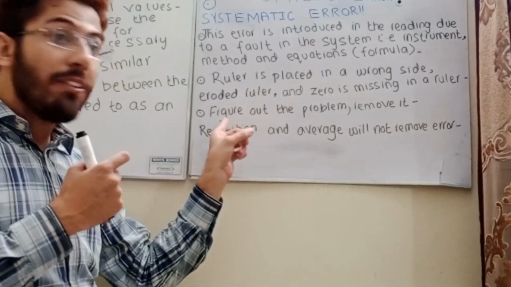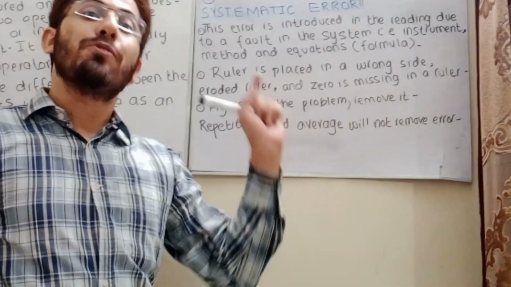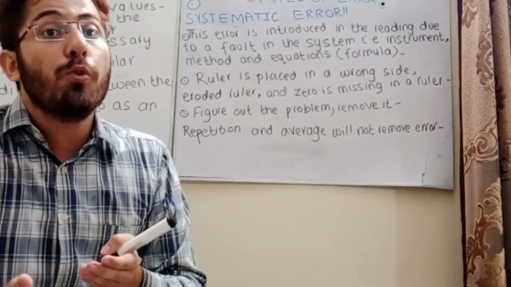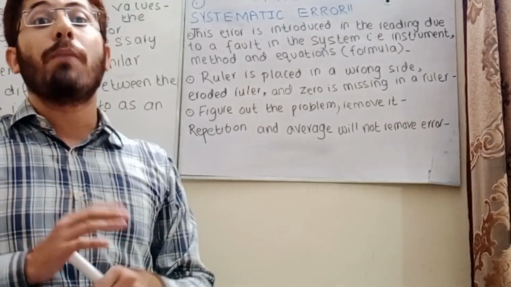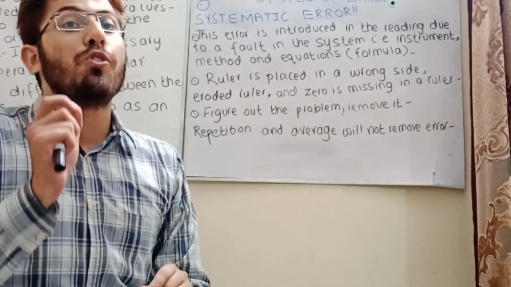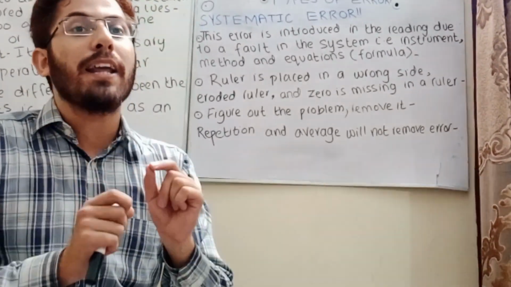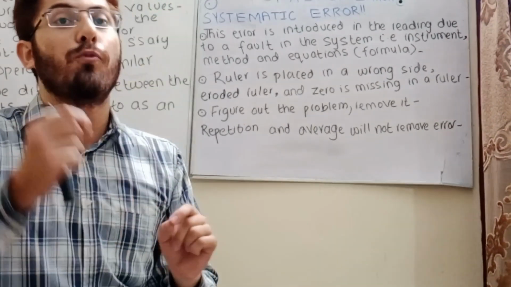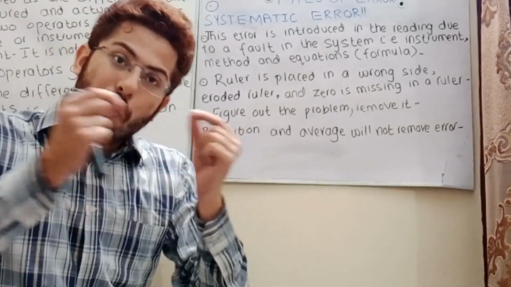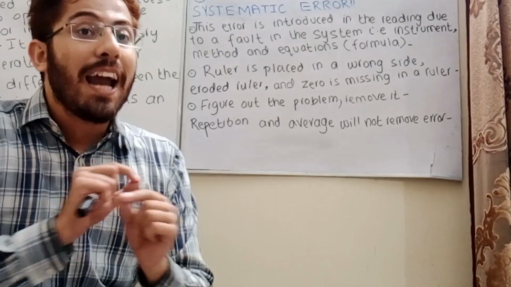Okay, number third reason. Student, always remember, write in CIA that systematic error cannot be removed by taking the average or taking multiple readings. Let's suppose the instrument has some zero error or any error, and you are getting the answers 4.1, 4.2, 4.3. If you take the average, you will not get the correct answer.